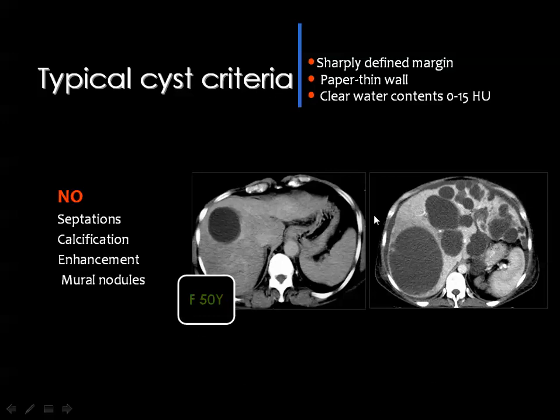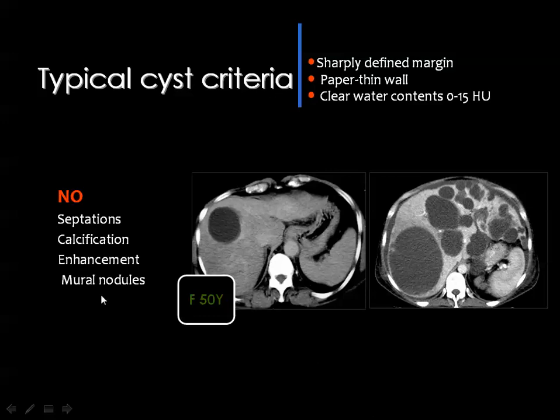The 3 positive criteria are a sharp, well-defined margin, a paper thin wall, and clear water or fluid contents. The negative findings are no septation, no calcification, no enhancement, and no mural nodules. If a lesion fulfills these criteria, you consider it a simple benign cyst.